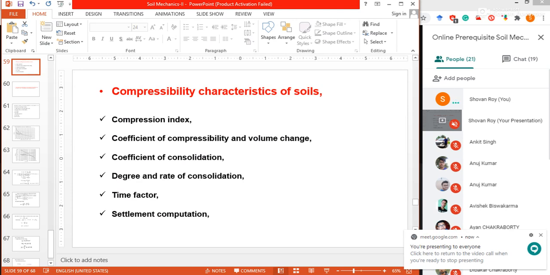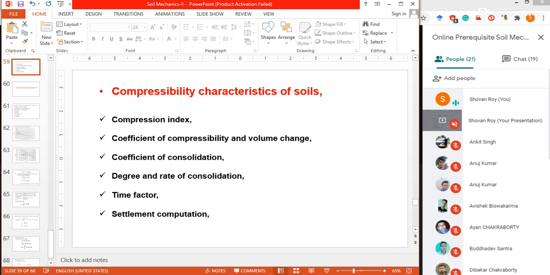Some compression index, coefficient of compressibility and volume change, coefficient of consolidation, degree and rate of consolidation, time factor, settlement computation.